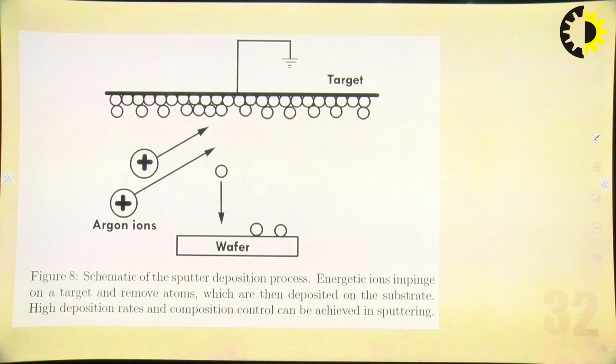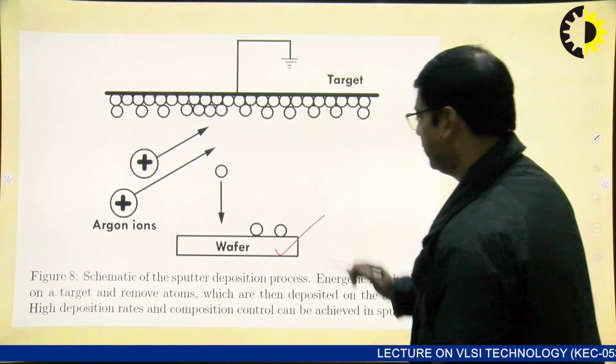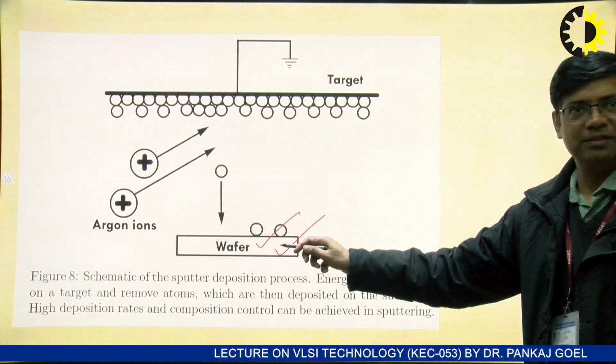This is the schematic diagram which shows that how the argon inert gas ions bombarding the target material, solid target material, and from there the ions that are sputtered from that place, they come down to deposit on the wafer. Here at the wafer surface, deposition takes place.